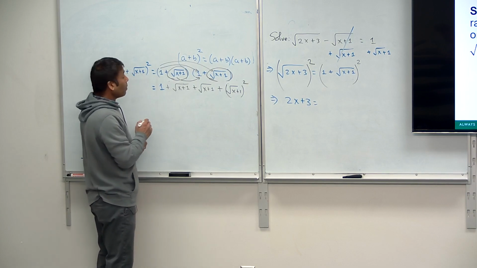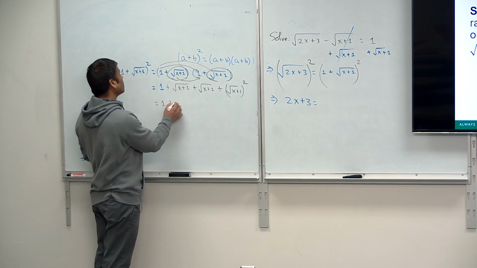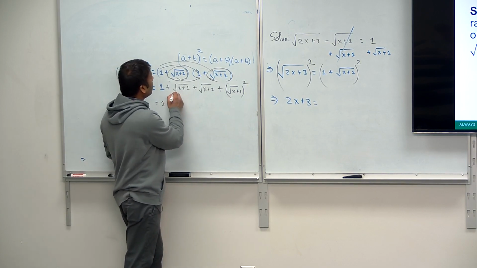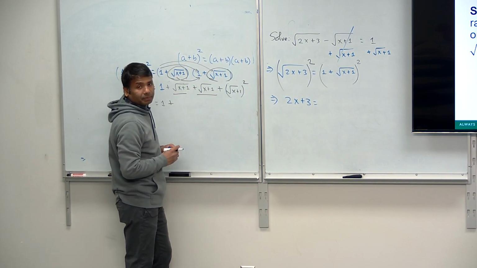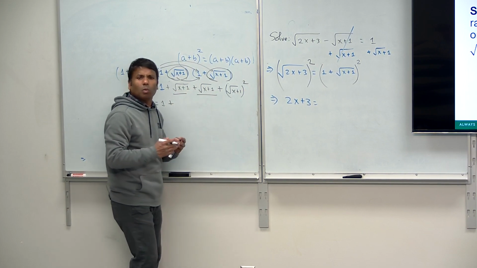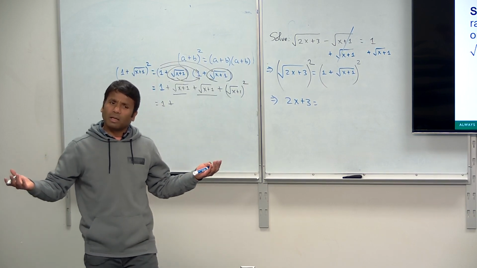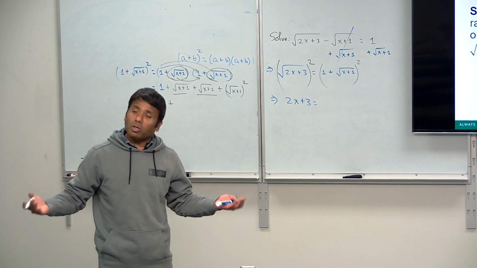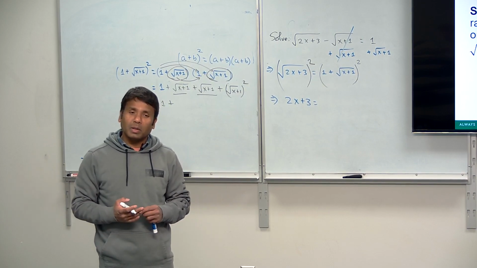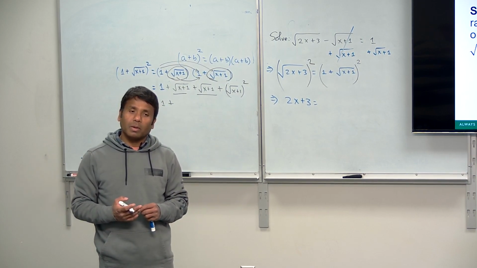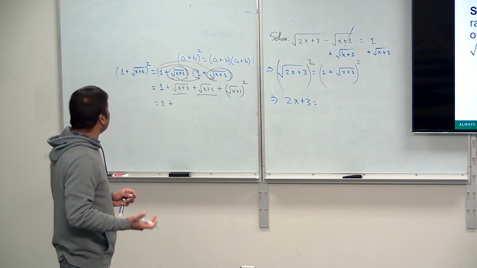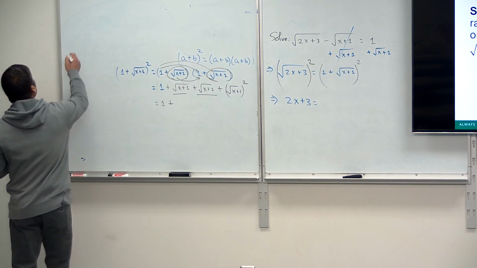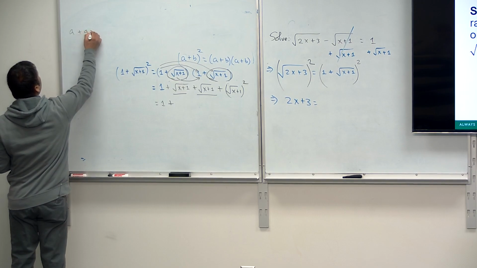So now this is 1 plus, now can you combine this? What is radical x plus 1 plus radical x plus 1? What is a plus a? 2a. So you know a plus a is 2a.